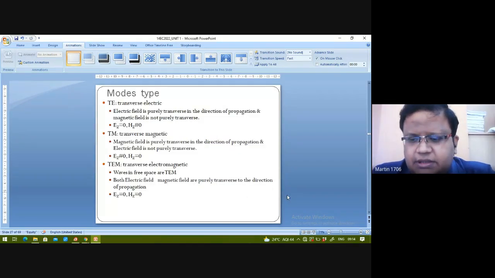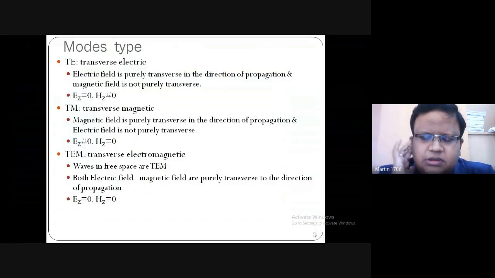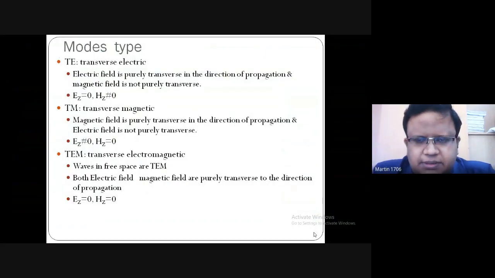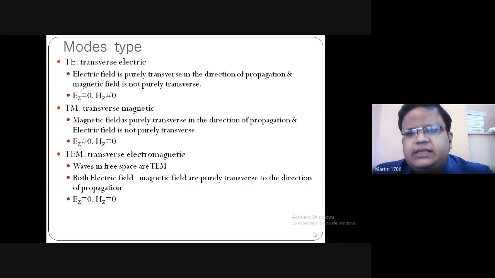Among the different types of modes, we have studied three basic types in the electromagnetic spectrum. This spectrum has been defined by Maxwell's equations. I hope you know this term from your physics in 12th. Maxwell is the scientist who defined the spectrum's properties. It has both electric and magnetic fields, which are transverse with each other.